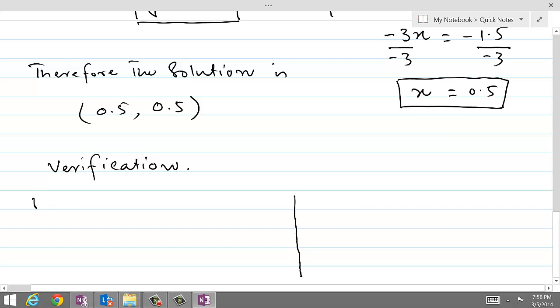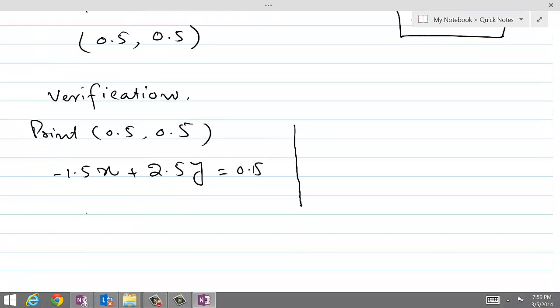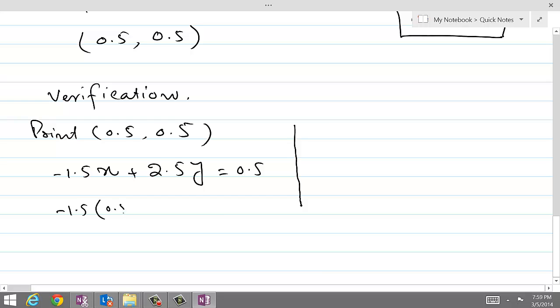The point is (0.5, 0.5), and the equation at hand is minus 1.5x plus 2.5y equal to 0.5. If we substitute minus 1.5 times 0.5 in place of x, plus 2.5 times y, which is 0.5 again, it should be equal to 0.5.